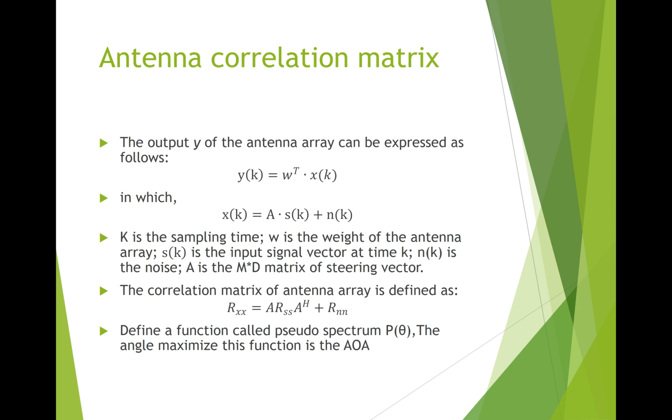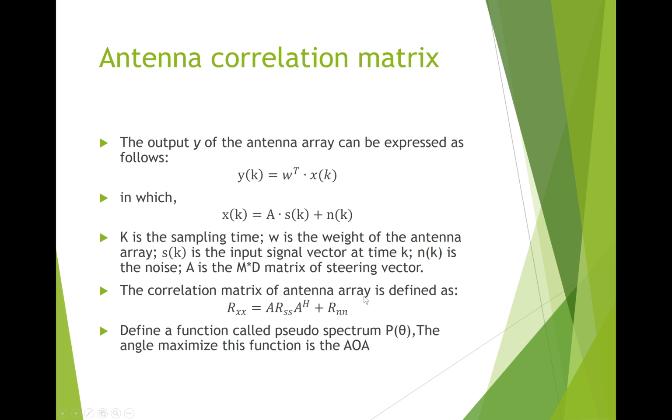Now let's introduce a concept: the antenna correlation matrix. The output of the antenna array can be expressed as follows, in which xk equals A times sk plus nk. K is the sampling time, and w is the weight of the antenna array. Sk is the input signal vector at time k, and nk is the noise.